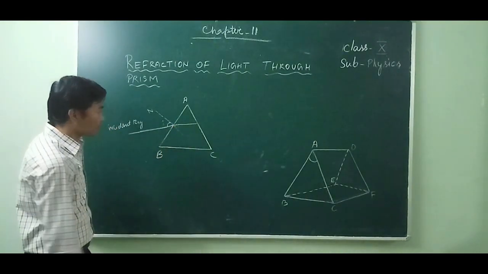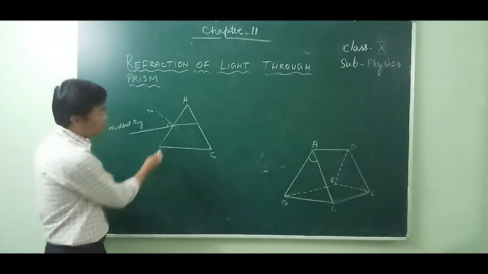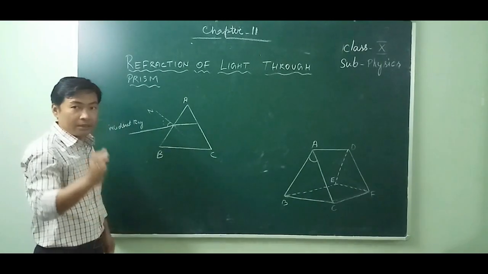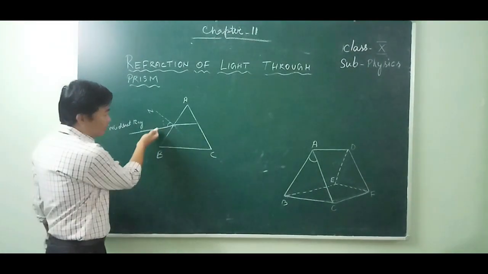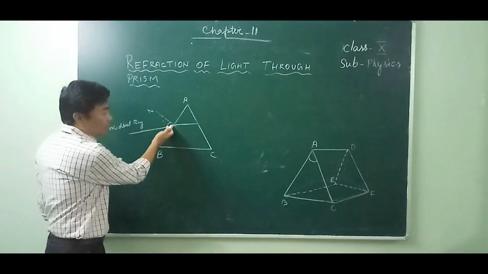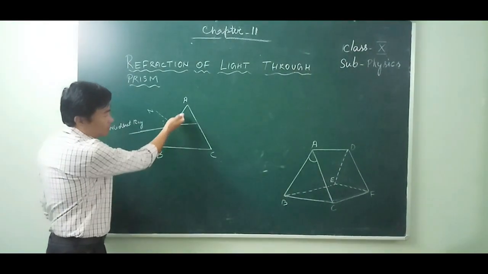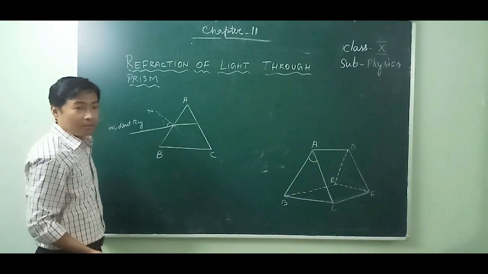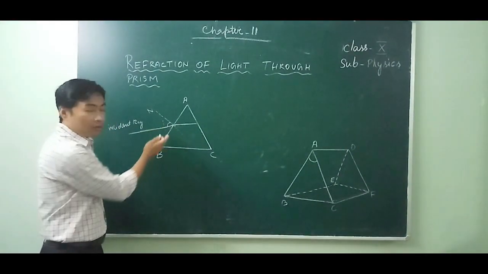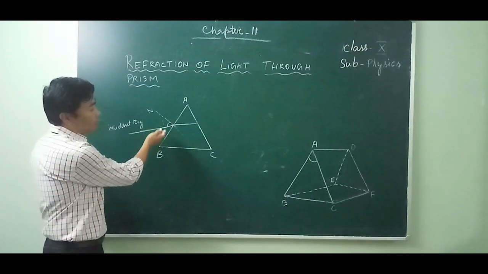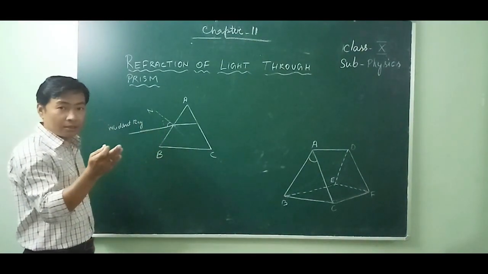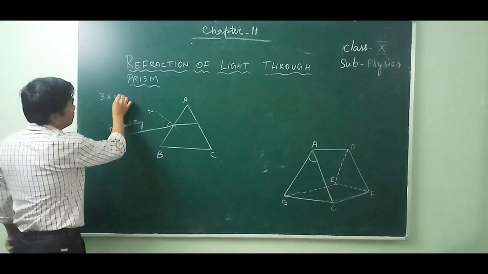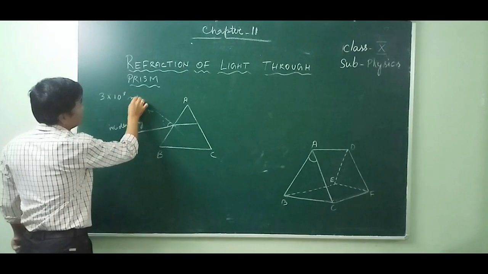Now, inside the glass prism, the light travels in a straight line, but in the first case, when the light travels from the rarer to the denser medium, it bends towards the normal. Inside the glass prism it travels in a straight path because the speed of the light changes here. The speed of light in air, in vacuum, is 3 × 10^8 meters per second.